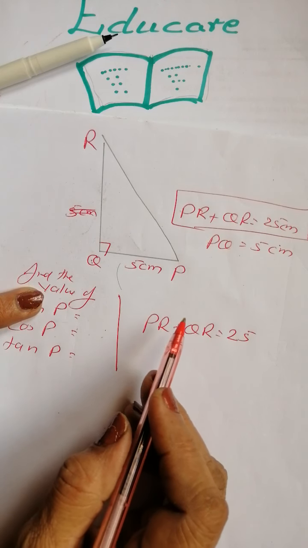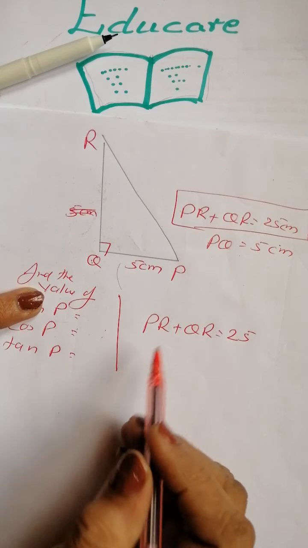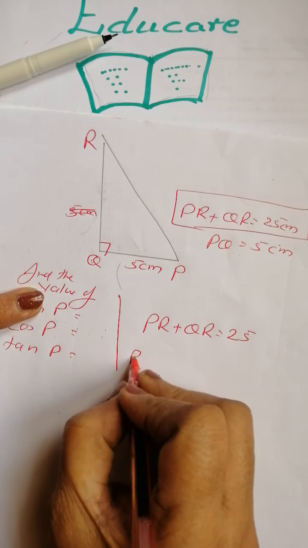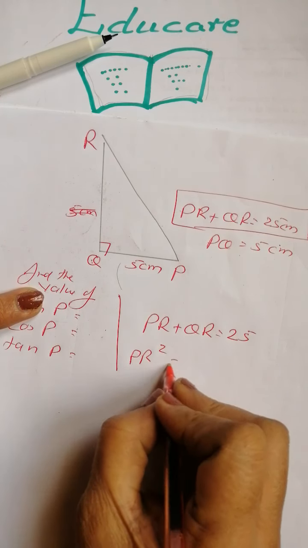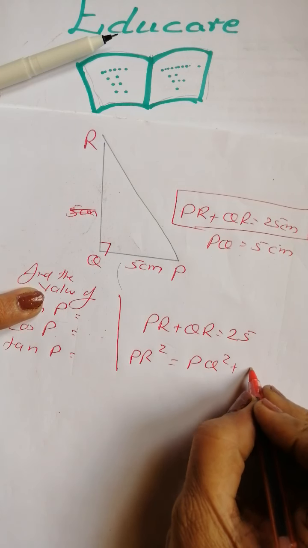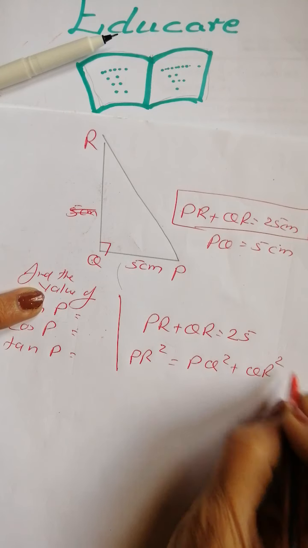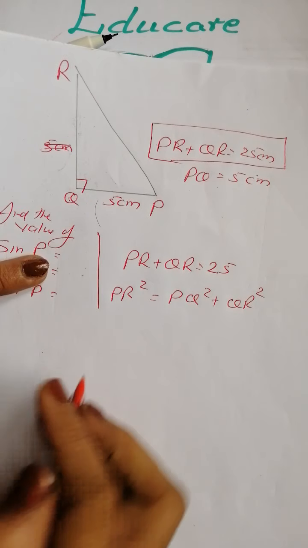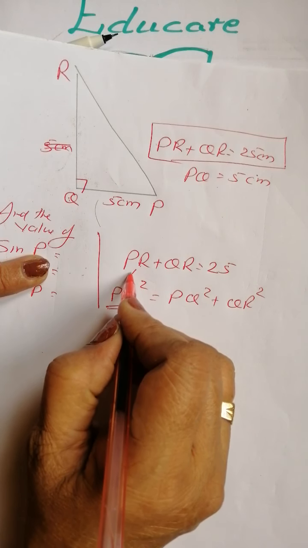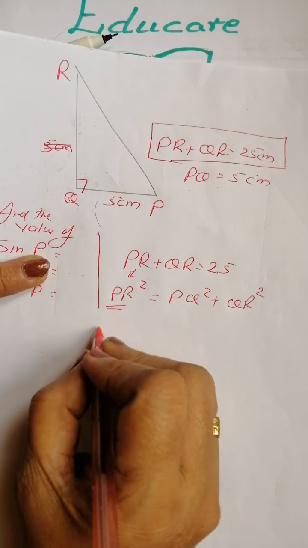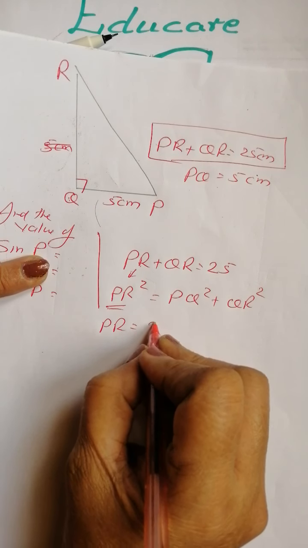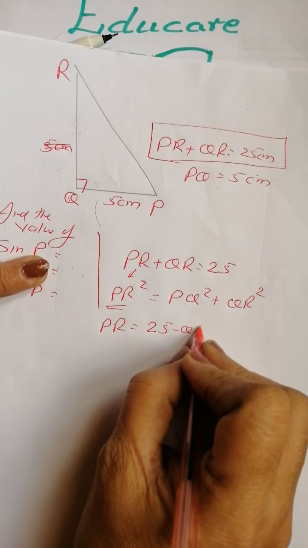How will you do this one? We know the Pythagoras theorem. So, PR square is equal to PQ square plus QR square. What is PR now? We can take from here. PR is equal to 25 minus QR.